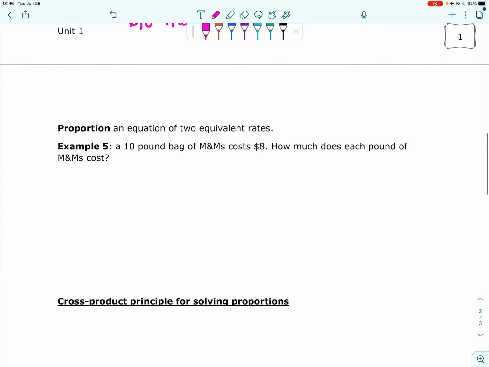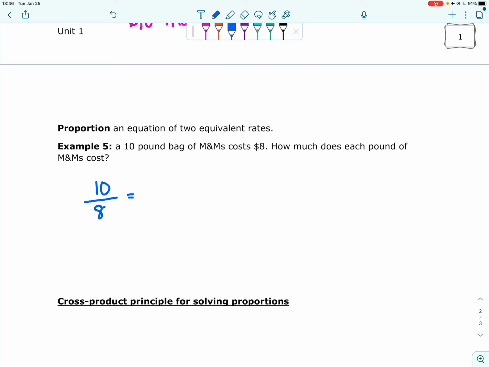A proportion is an equation of two equivalent rates. So an example: a 10-pound bag of M&Ms costs $8. How much does each pound of M&Ms cost? We can set this up as a proportion.